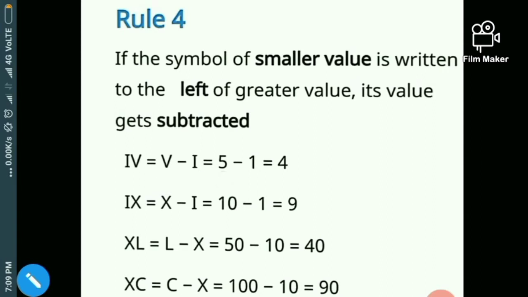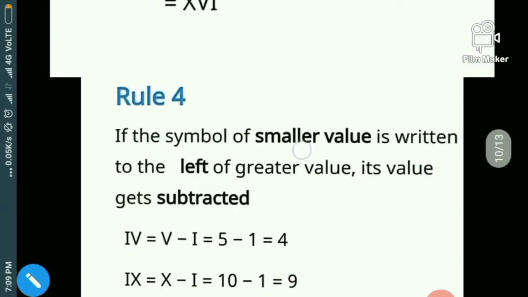V minus I is equal to 5 minus 1, which is 4. IX, I is the smaller value symbol, X is the greater value symbol, so the value of I is subtracted here. X minus I is equal to 10 minus 1, which is 9. You can see two more examples also. So hope it is clear to all of you.